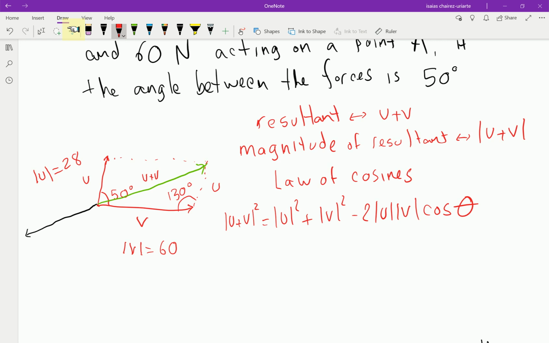Now it's just a matter of filling in what we know here. So this is what I'm after. I am after the magnitude of the resultant. I know what the magnitude of u is. It's 28, so 28 squared plus, then this guy is 60 squared minus 2 times 28 times 60 cosine theta.